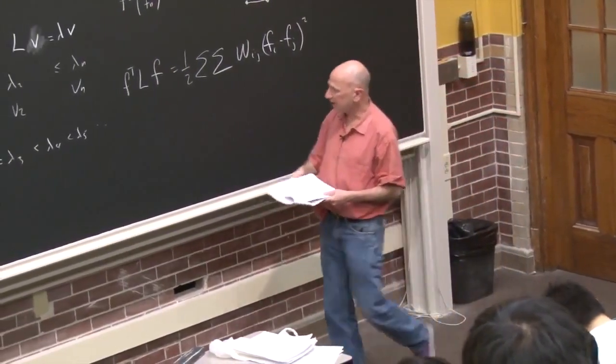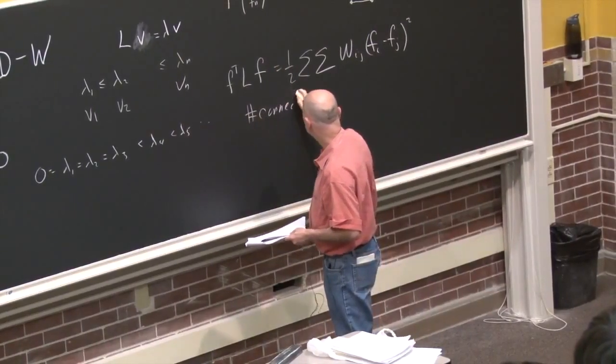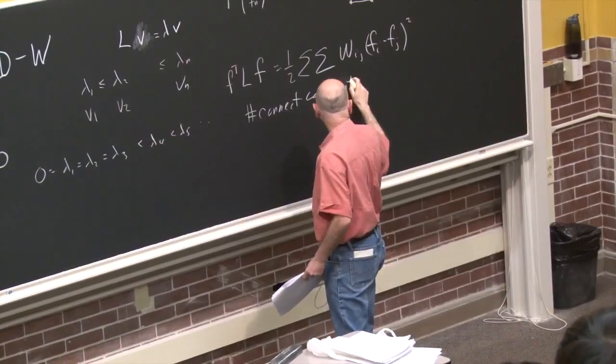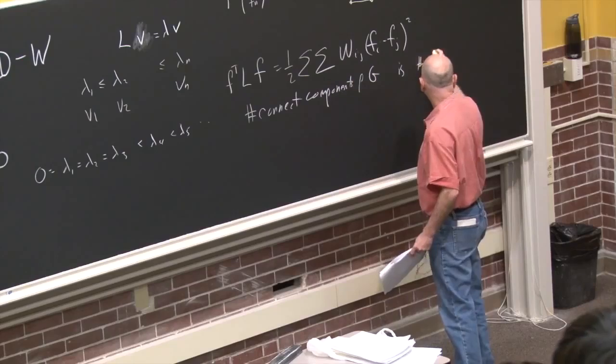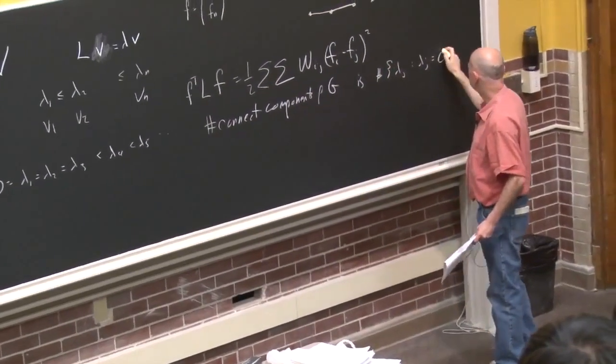So the number of connected components of G is the number of lambda j's such that lambda j is equal to 0.